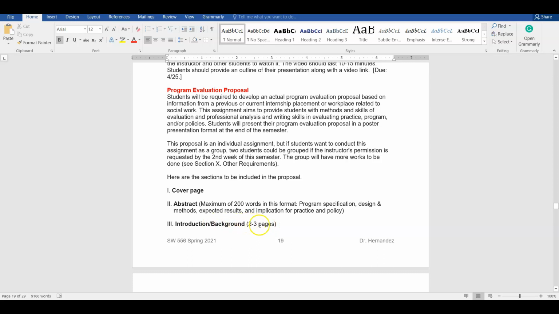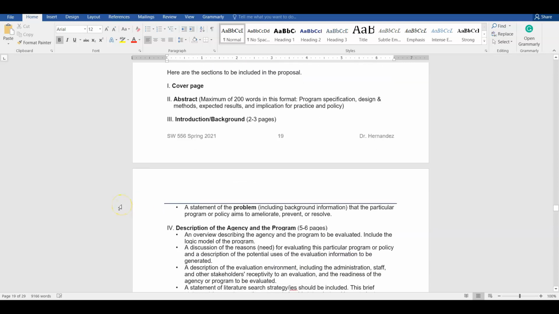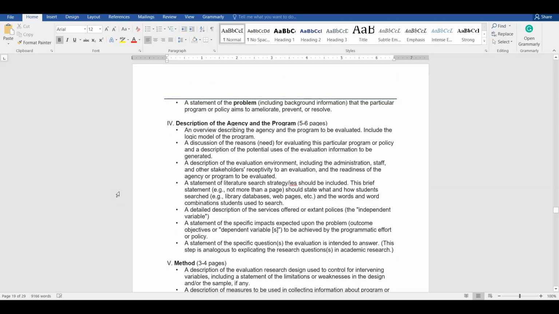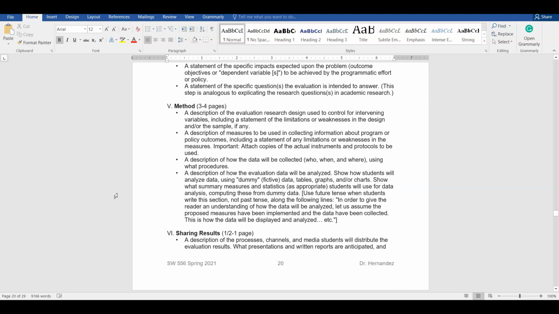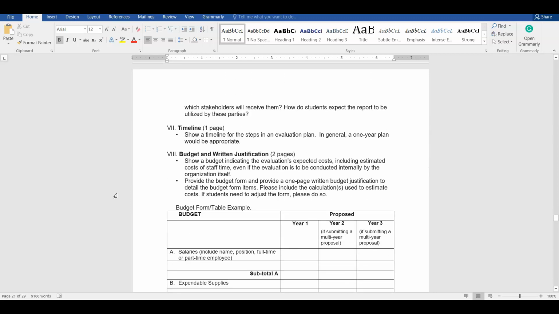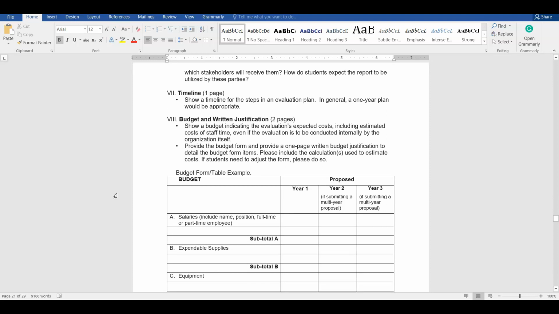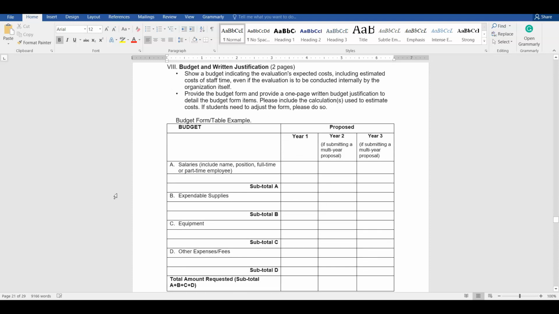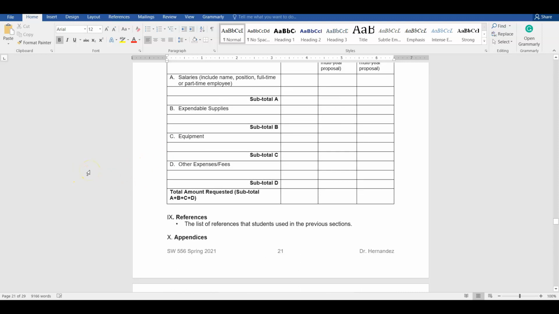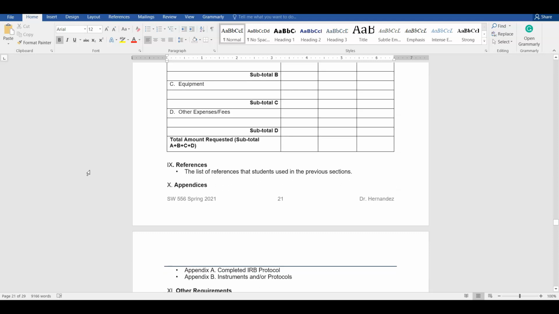You ask me how many pages. Well, I give you a suggestion of how many pages each section should be, and it's a little bit different from your previous proposal in 555, the budget, and I gave you also a template, the reference, remember APA.